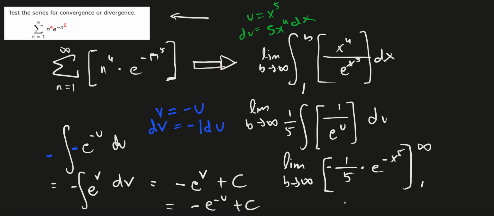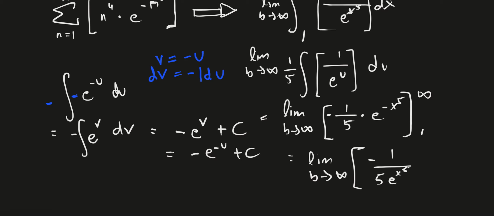Okay, so this is also equal to the limit as b approaches infinity of negative 1 over 5 e to the x to the 5th. I just rewrote this. I brought this down to the denominator. Sorry, it's not infinity. I don't know why I wrote infinity here. This is supposed to be b.